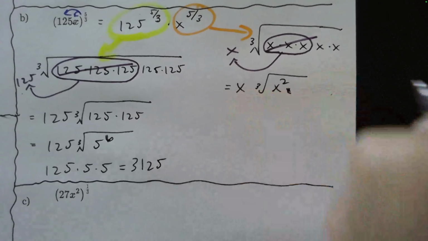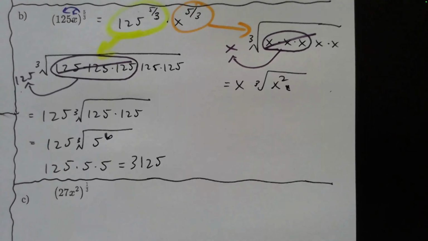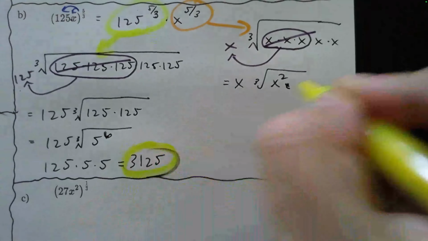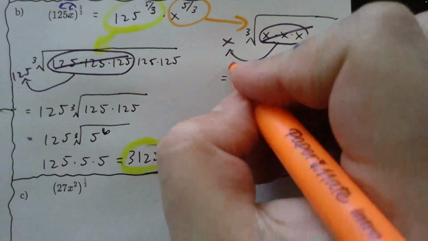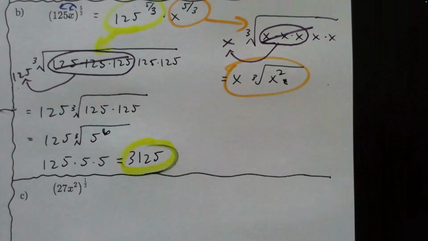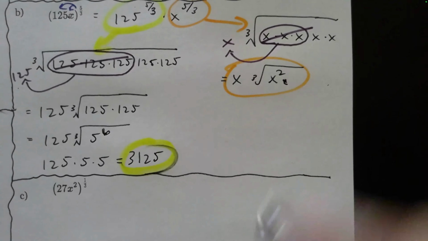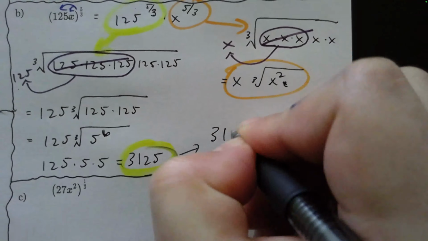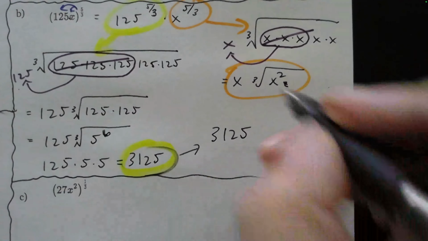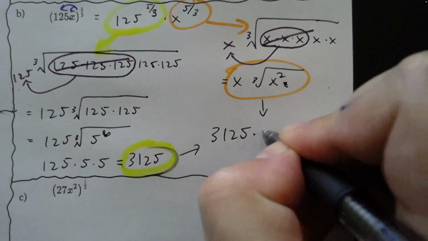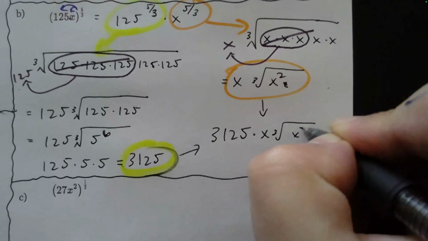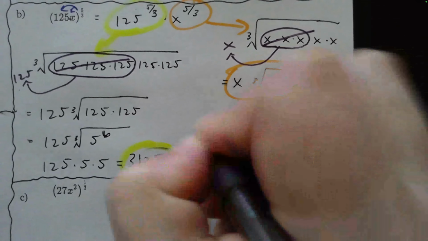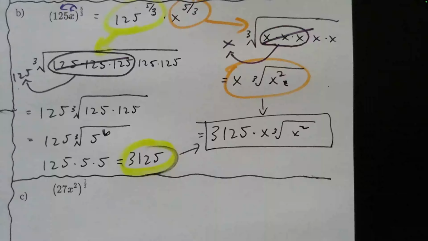So we'll say x squared. Put them together. 3,125 times x squared. Okay.